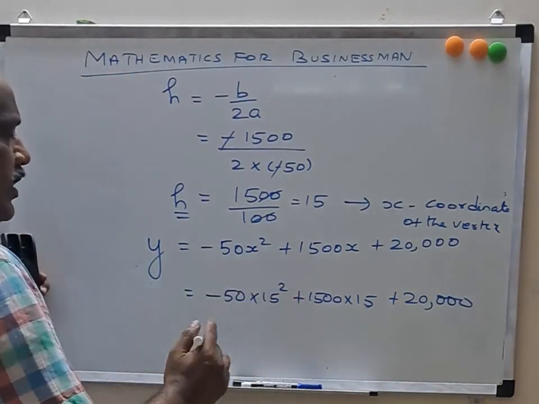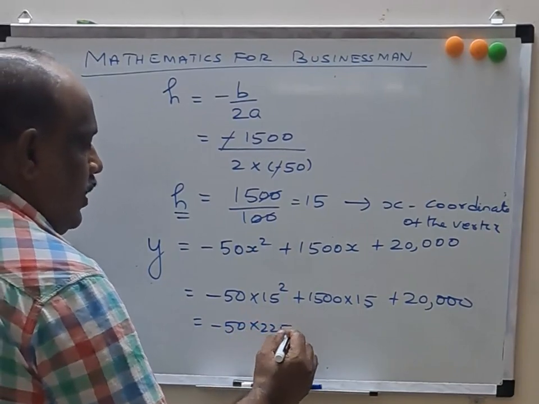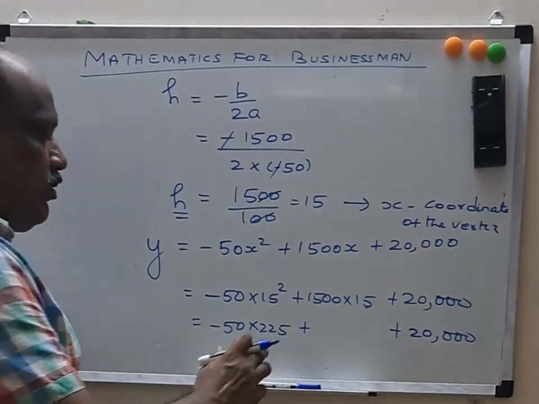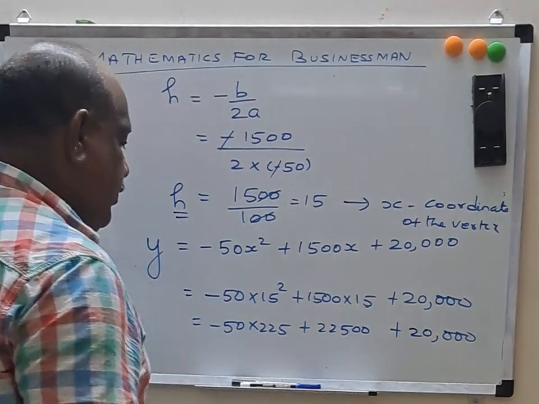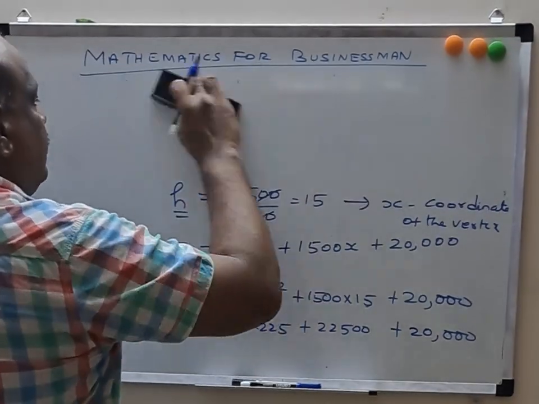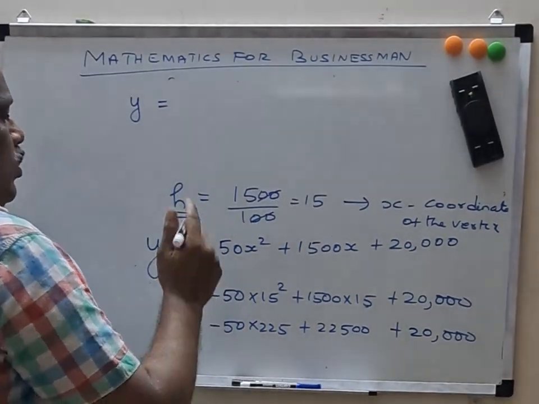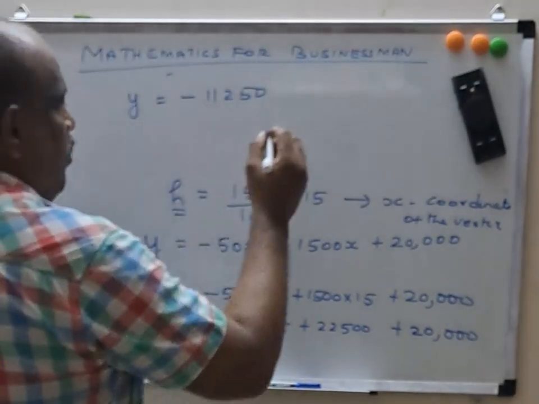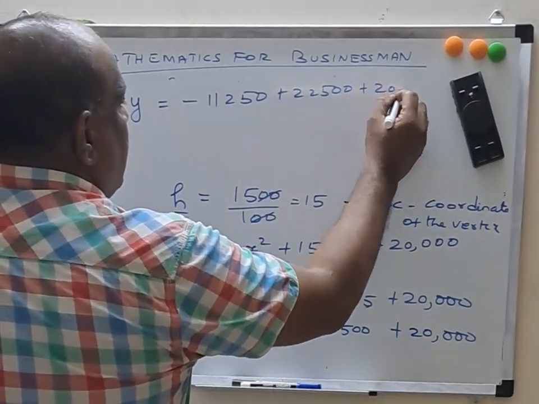So what is this value? 15 into 15 is 225. So minus 50 into 225, plus 1500 into 15, which is 22500. Let us complete. Now y is equal to minus 11250 plus 22500 plus 20,000.